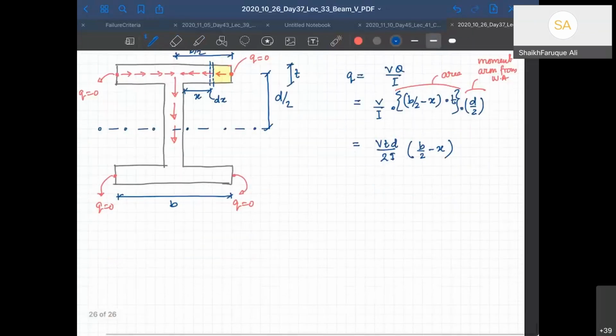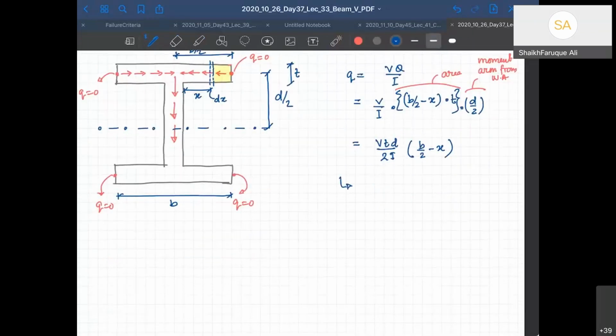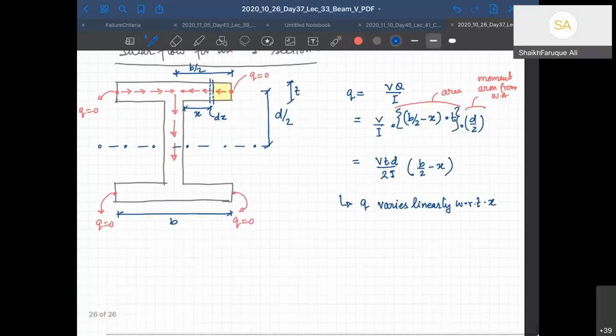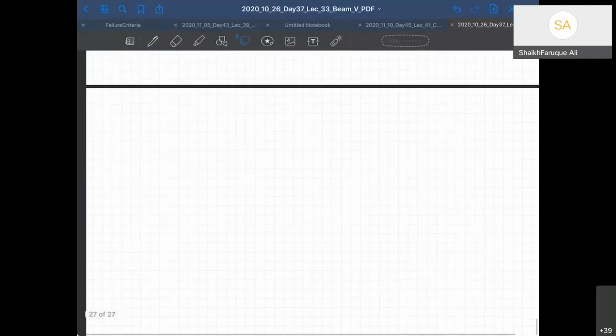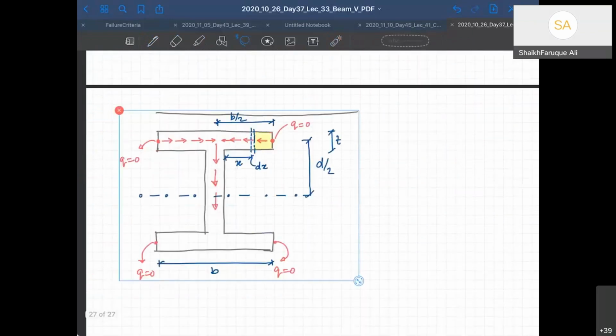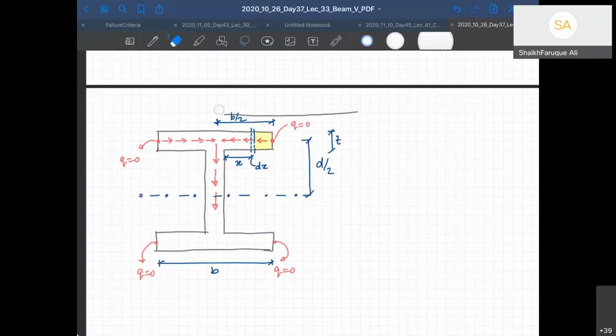So the point that I want to make here is Q varies linearly with respect to X. If I draw that section again, my diagram is going to vary linearly.